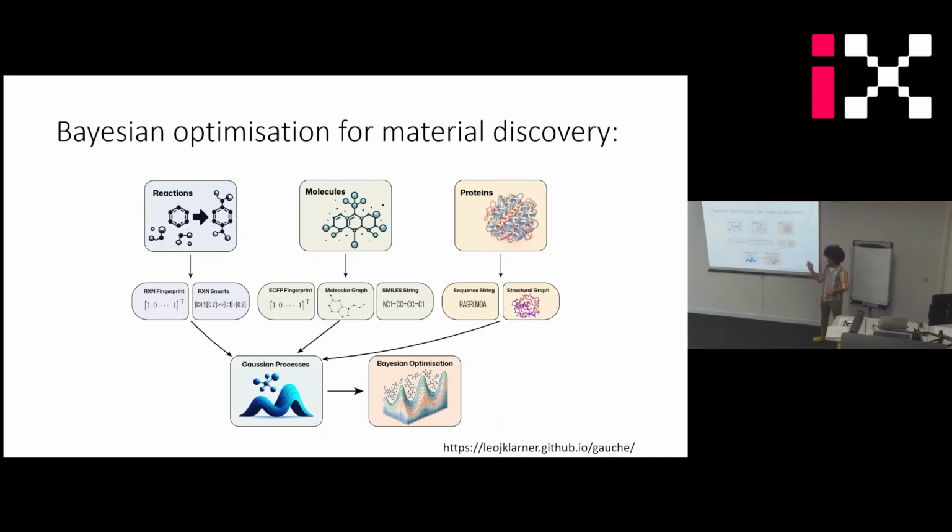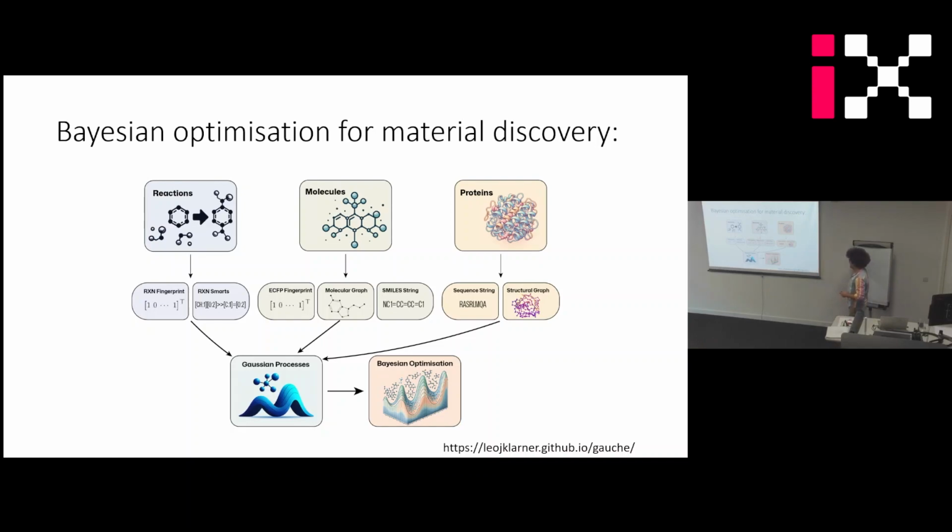So we know that materials, or molecules, are entities that we can describe in some way, but they're not continuous numbers. It's not a space that is easy to describe mathematically, and we can use different approaches to describe them as mathematical objects.